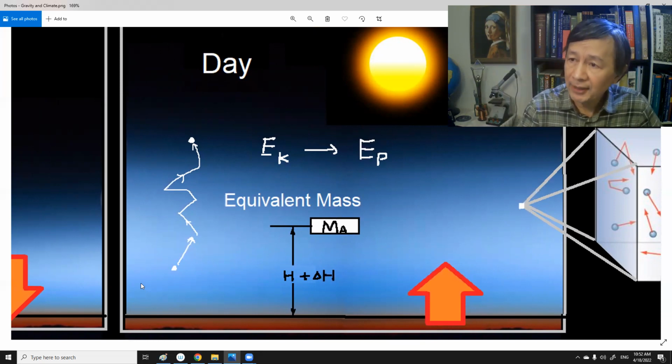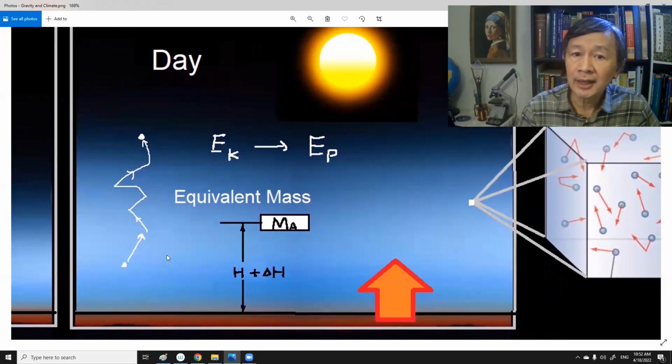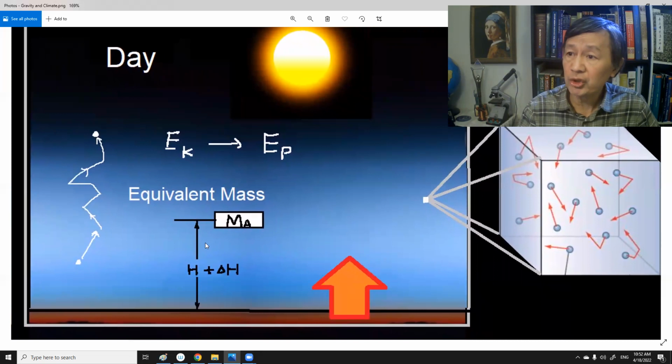But the gravitational potential energy of each air molecule increases. So this is a natural way for the atmosphere to store thermal energy in the presence of the gravitational interaction. That is a very important feature of our atmosphere where we live.